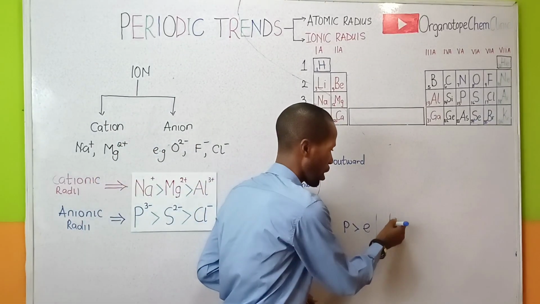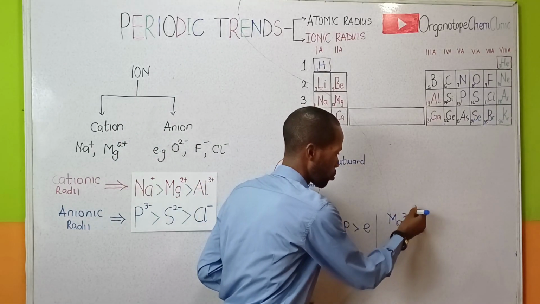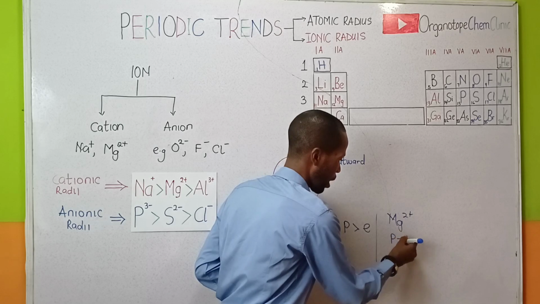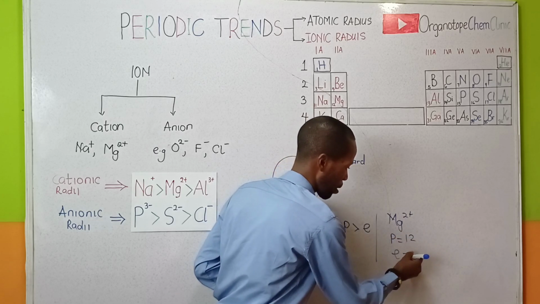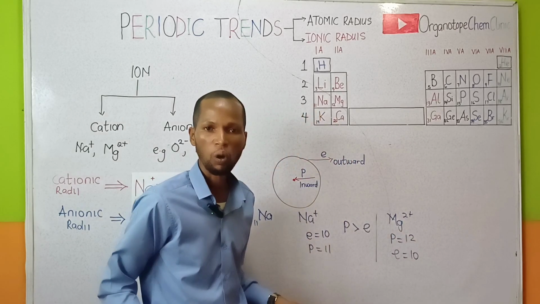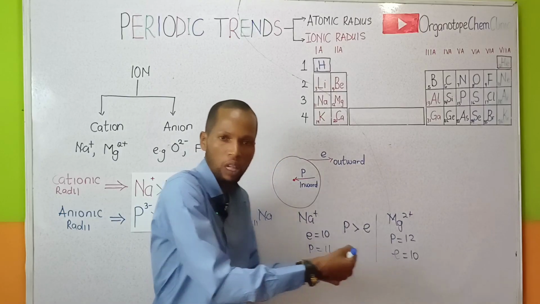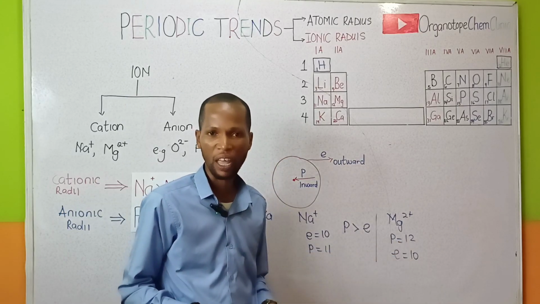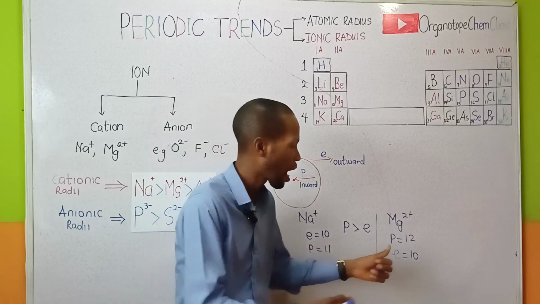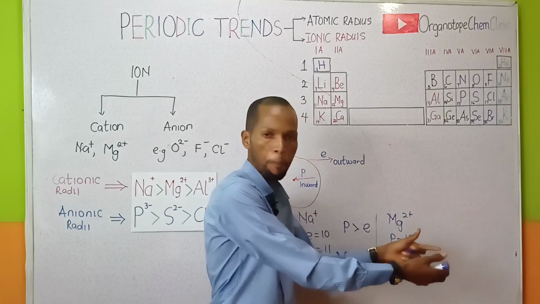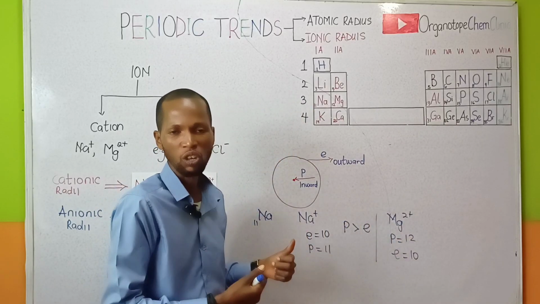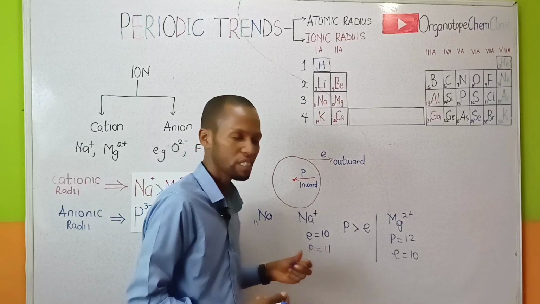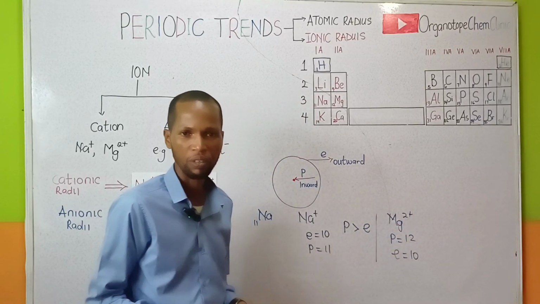In the case of magnesium, we have magnesium 2+, proton number 12, electron number is 10. So we have further pull inward because the number of protons is greater than the number of electrons. The pull, or the shrinking of the electron cloud, increases as we go across the period.